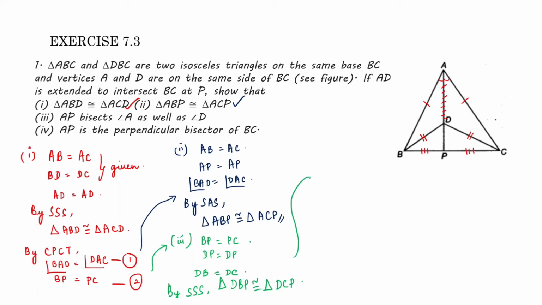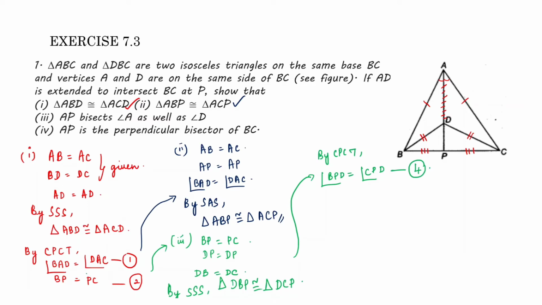Now, since both these triangles are congruent, by corresponding parts of congruent triangles, we could say that angle BPD is equal to angle CPD, which will be equation number 4.